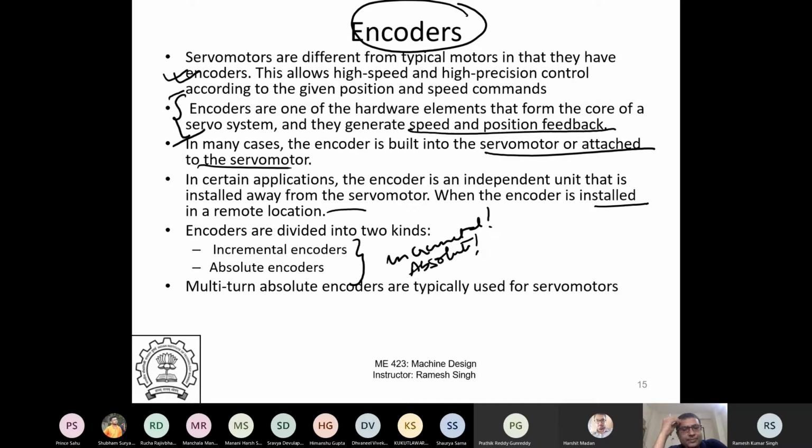I'm sure you know the difference between absolute and incremental, right? What would incremental do? What will absolute do?